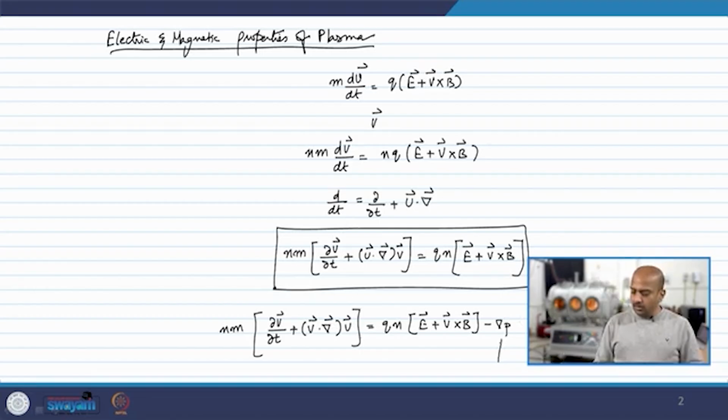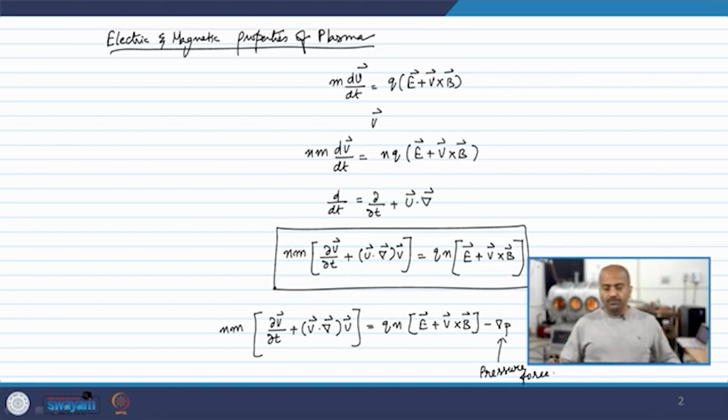So, what is this? This is called the pressure force. So, this is the basic framework.